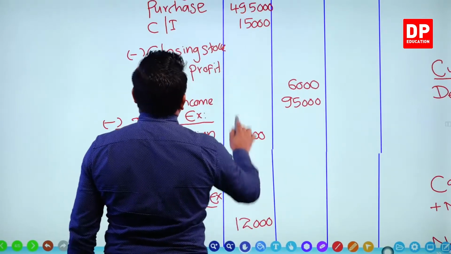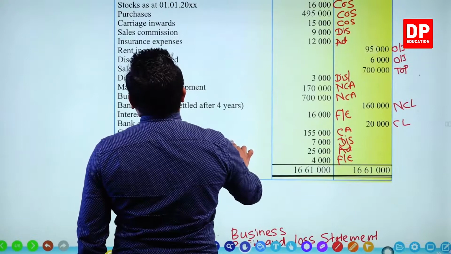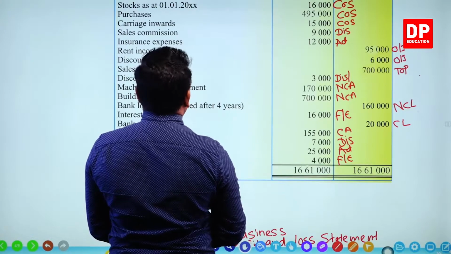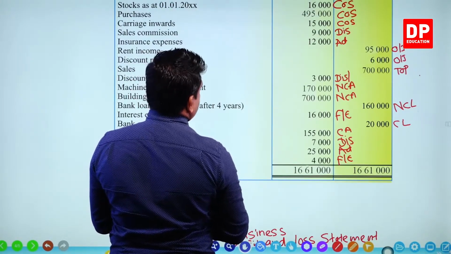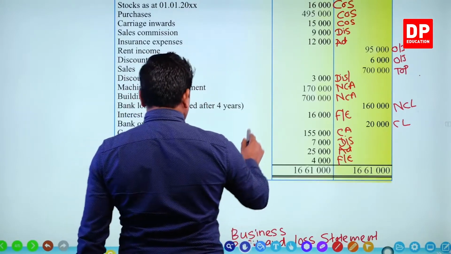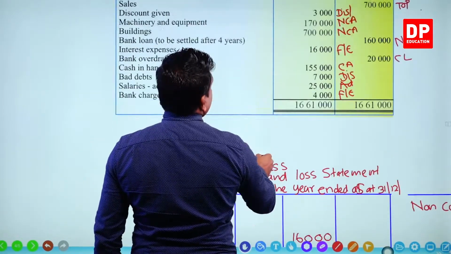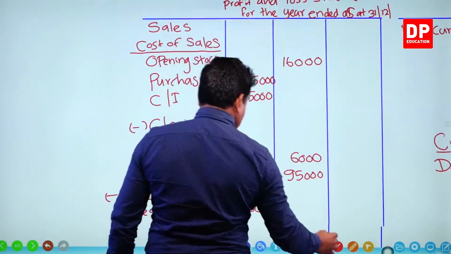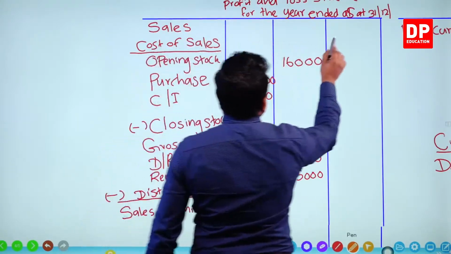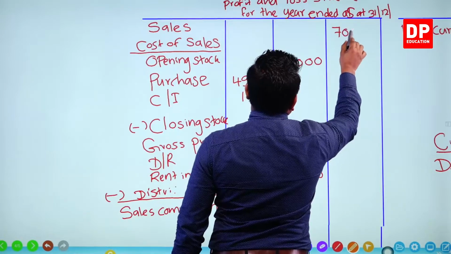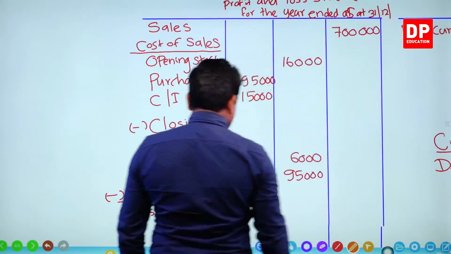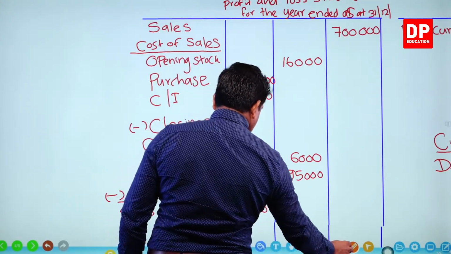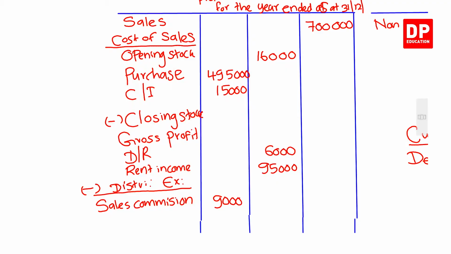Okay, now we have done up to this place. Sales 700,000, but discount given 3,000. Discount given is a distribution expense.